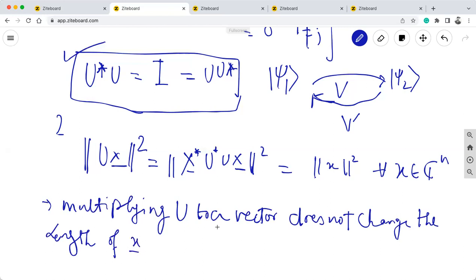Multiplying U to a vector, say x, does not change the length of x. So these are the conclusions.